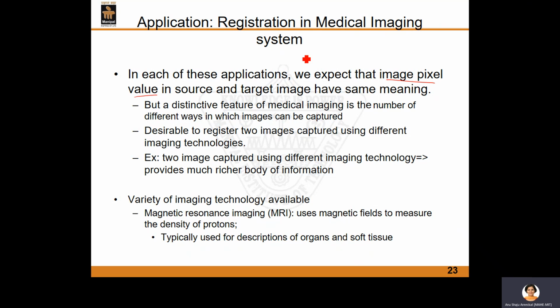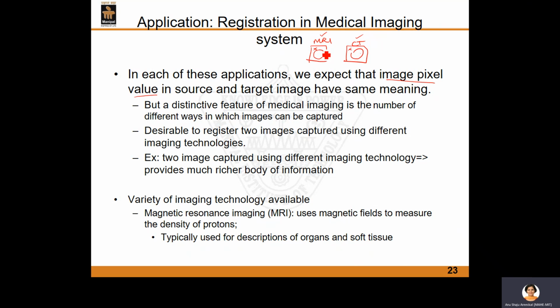For example, let's say I have an MRI image of a brain and a CT scan of a brain. When I consider the MRI scan as well as the CT scan of the same object, we cannot exactly take a pixel to pixel comparison here. The reason is that the intensity we are considering here is taken from one modality, and the pixel intensity here is from another modality.